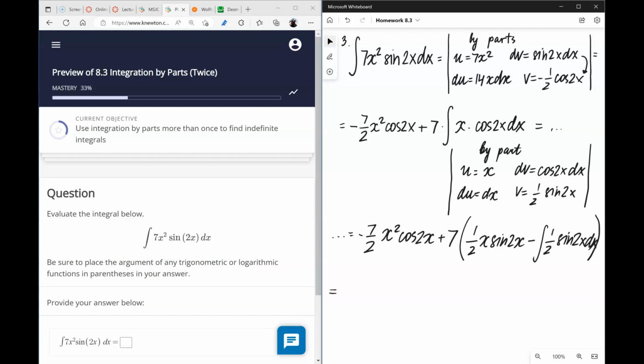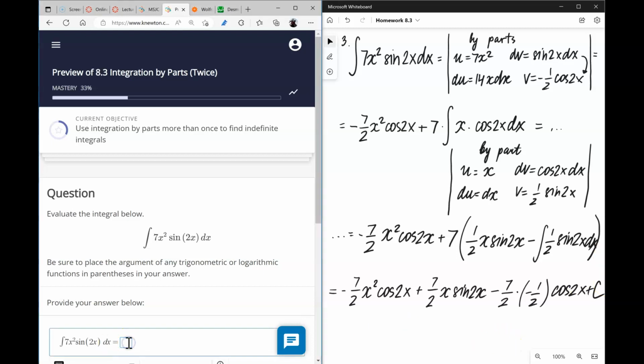So the final answer is distributing everything, so 7/2 x sine of 2x. And now I'm going to distribute 7 over to this integral, take out 1/2, so we have negative 7/2. But the integral of sine of 2x is going to be negative 1/2 cosine of 2x and plus c. So this is the final answer.